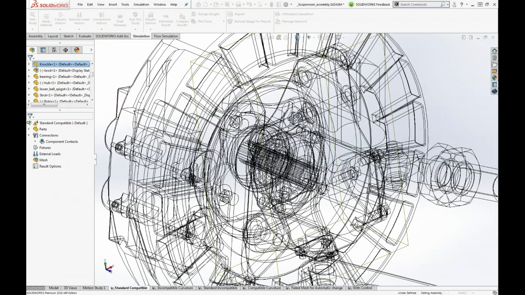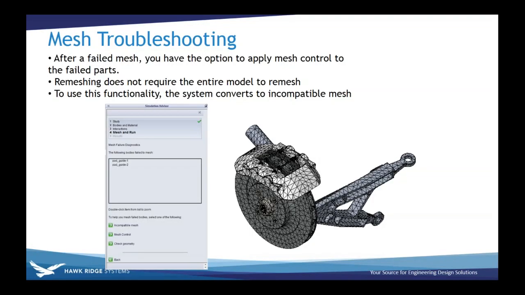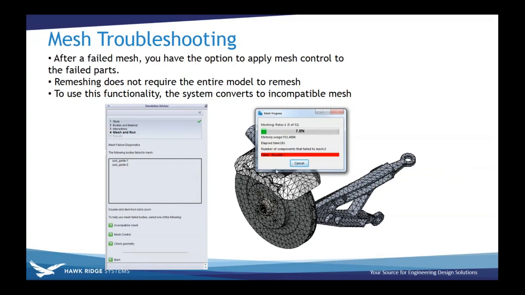So that's important. We'll just let this go here, but the software will also offer you a mesh troubleshooting diagnostic. The first thing it'll say when it fails is, hey, do you want to try and fix this? If you use this approach, it's going to offer up some options for how to fix it.